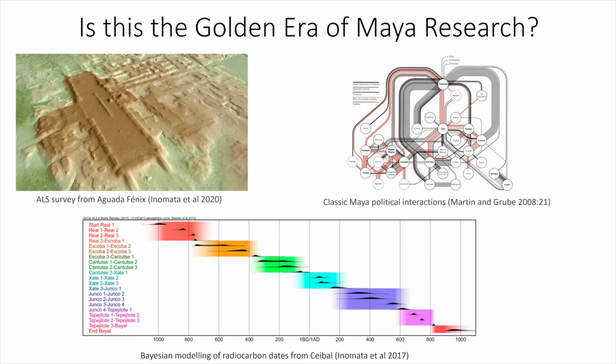This image from Martin and Grube's book a while back was at the beginnings of that, looking at relationships between kingdoms. And I think right now we're moving into a period where we're able to access indigenous Maya views of history, written by authors at the time who were living through those things, which is really exciting.